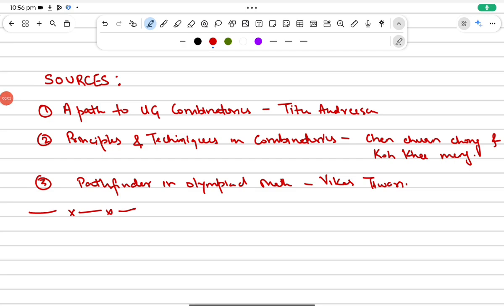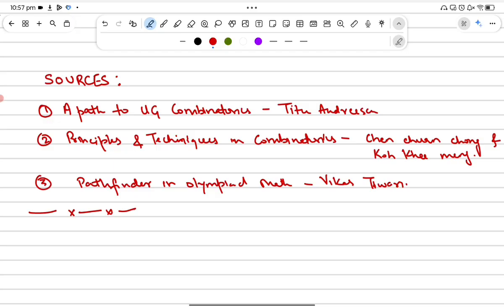Alright, so that is a wrap up to this session, and we'll be solving more problems in the second part of this as well. As I said, I'll be telling you the sources from where I'm taking the problems. So these are the sources. You don't need to download the PDFs of these and start solving, because all the solved examples as well as the problems given in the exercises are being solved in the lectures itself.